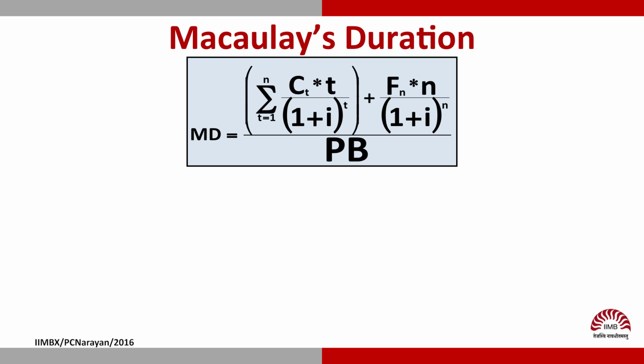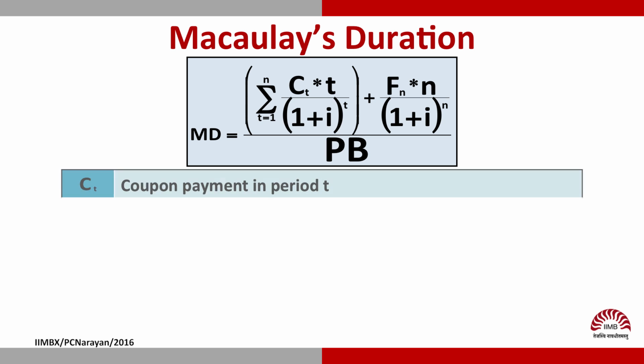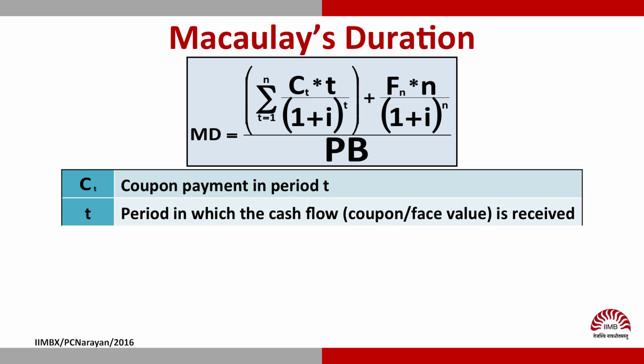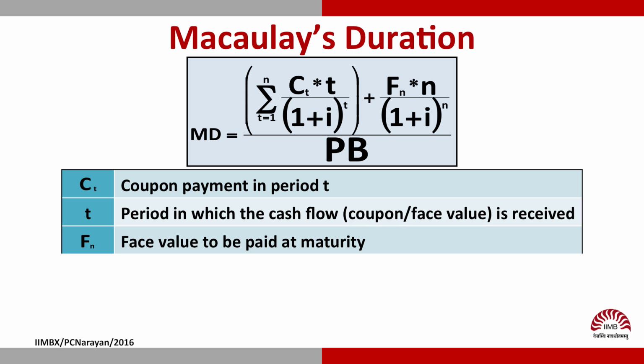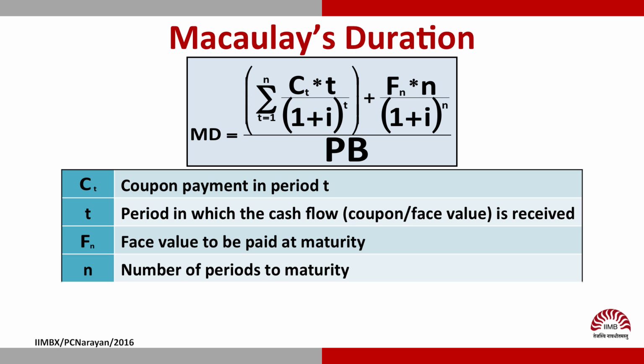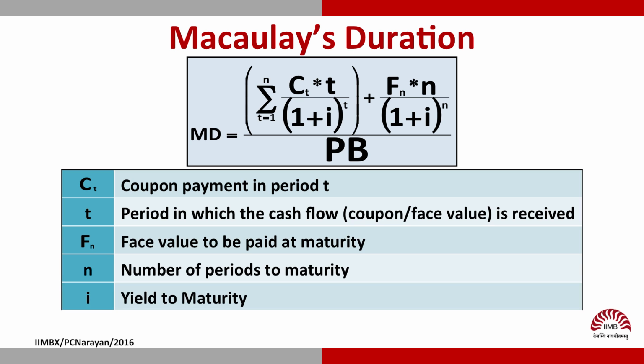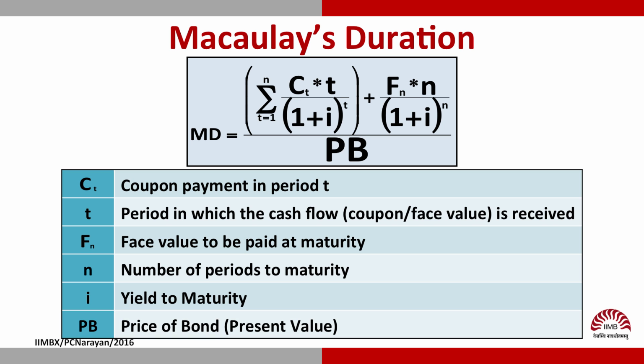The formula to compute Macaulay's duration is on your screens right now, where Ct is equal to the coupon payment in period t, t is the period in which the cash flow, either the coupon or the face value, is received, Fn is the face value to be paid at maturity, n is equal to the number of periods to maturity, i is the yield to maturity, and Pb is the present value or the price of the bond.